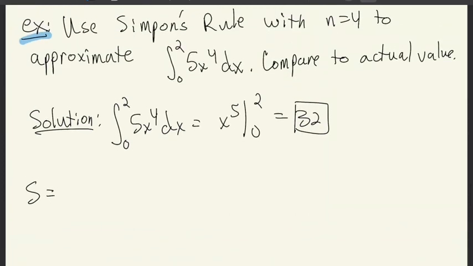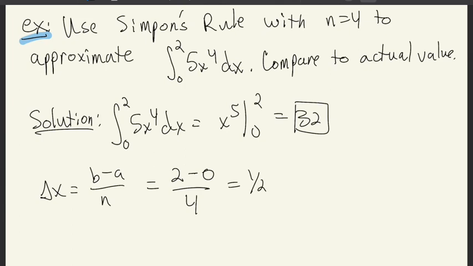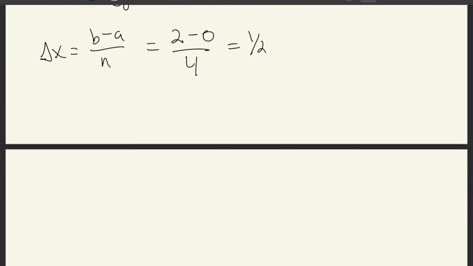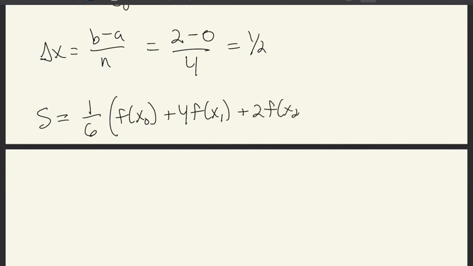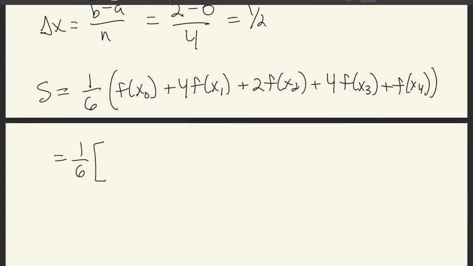For Simpson's rule, we have delta x over 3. Let's write this out. We have delta x equals b minus a over n, which is 2 minus 0 over 4, which is 1/2. So Simpson's rule, S equals delta x over 3, that's 1/6, times f of x0 plus 4 f of x1 plus 2 f of x2 plus 4 f of x3 plus f of x4.